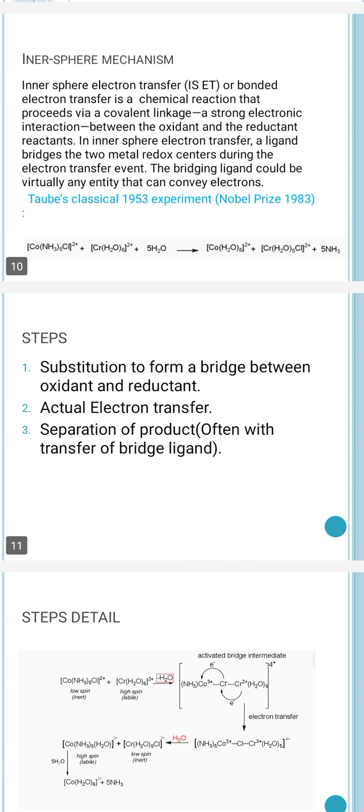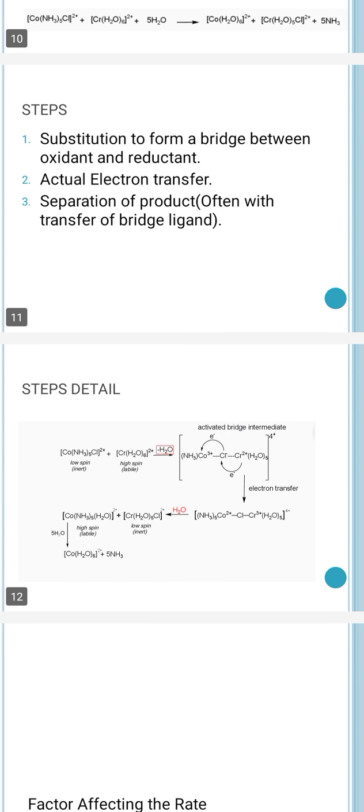The steps of this mechanism: first of all, substitution to form a bridge between the oxidant and reductant; the second is the actual electron transfer; and the third is separation of products, often with transfer of the bridging ligand. Now we will discuss the mechanism.